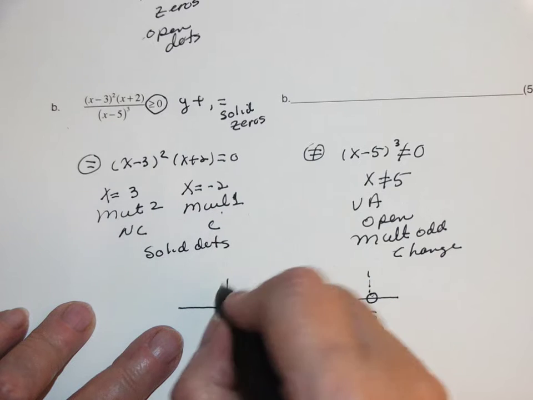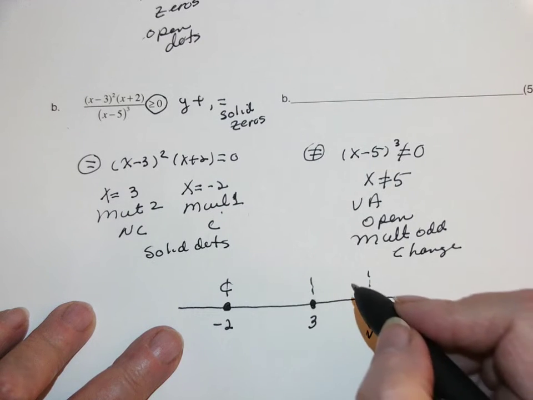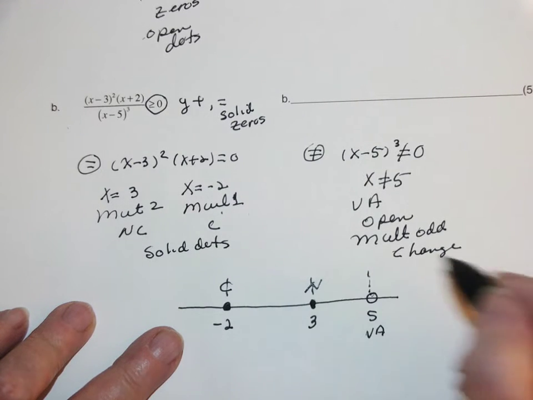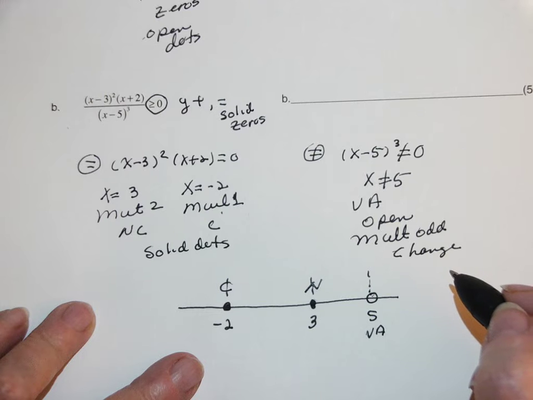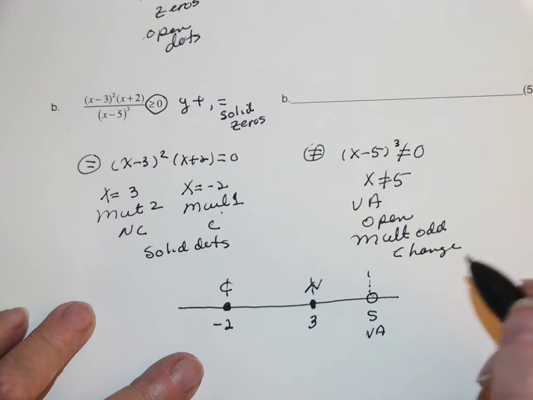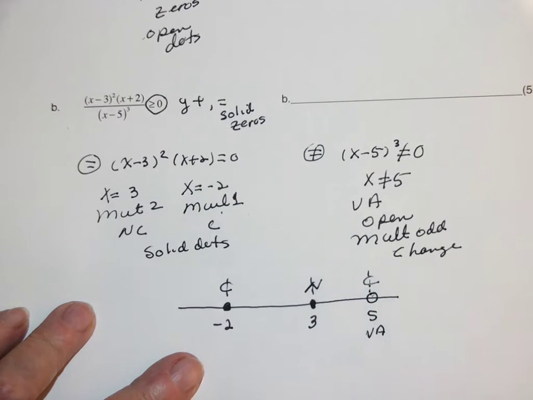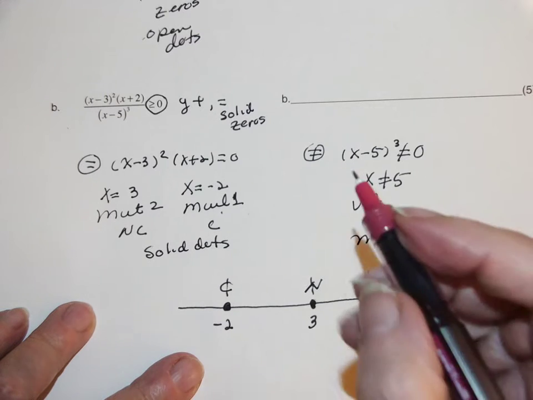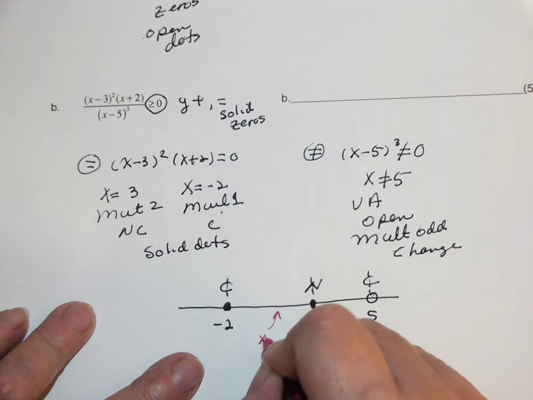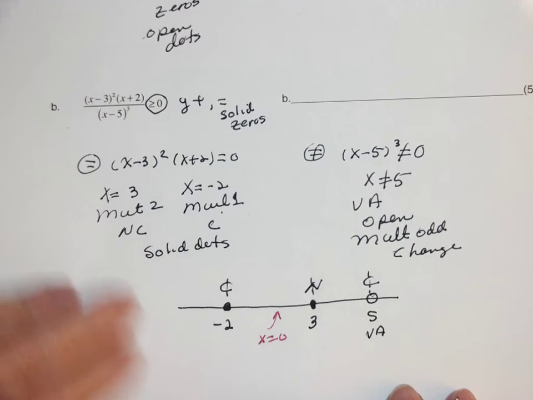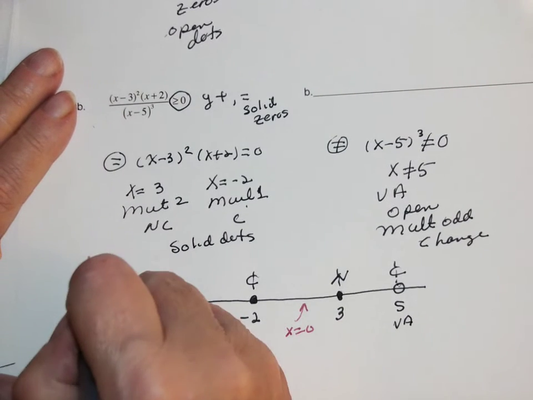Negative 2, multiplicity 1, change. 3, multiplicity 2, no change. 5, multiplicity odd, change. Now I pull my test point, x equals 0, because that's easier to deal with.